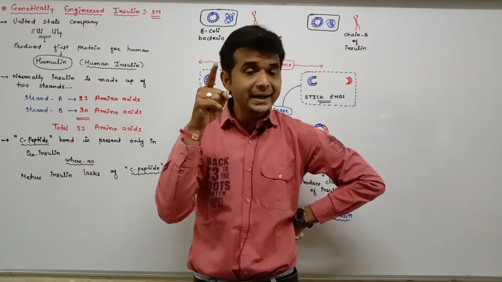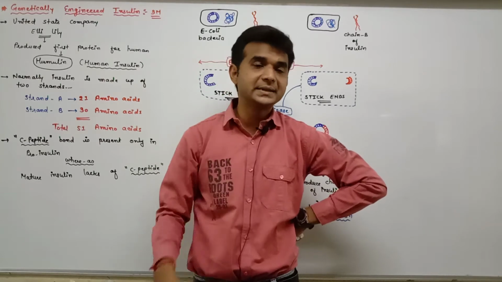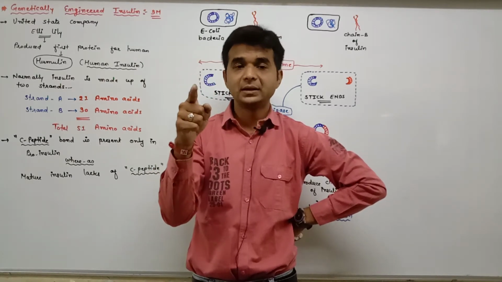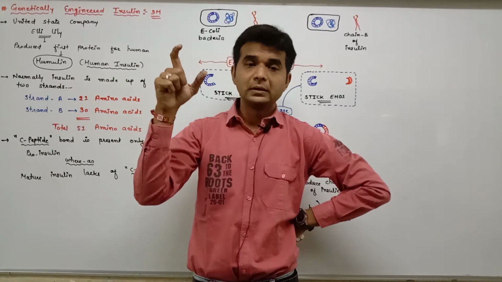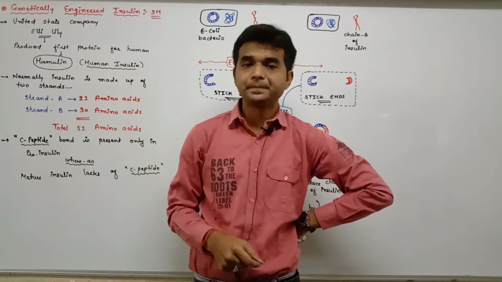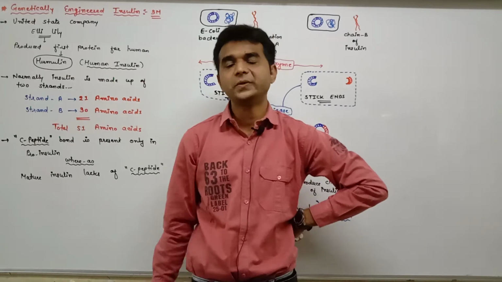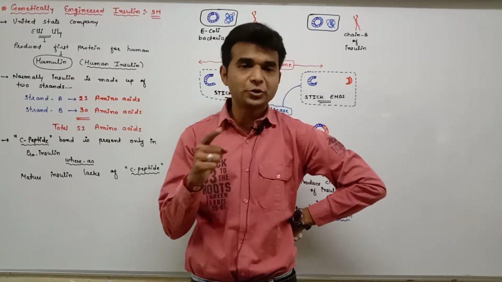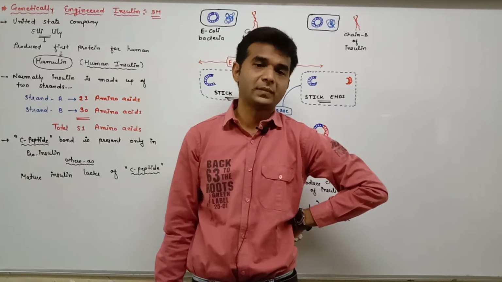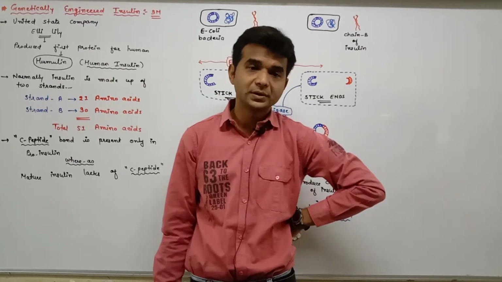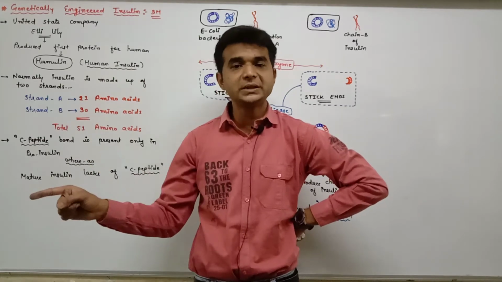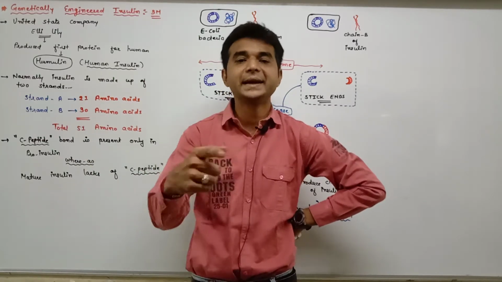You had already learned in the Human Health and Disease chapter, in that we discussed that an animal's insulin is a foreign particle for our body. It is a pathogen. As a result, what happened? That animal insulin is rejected.